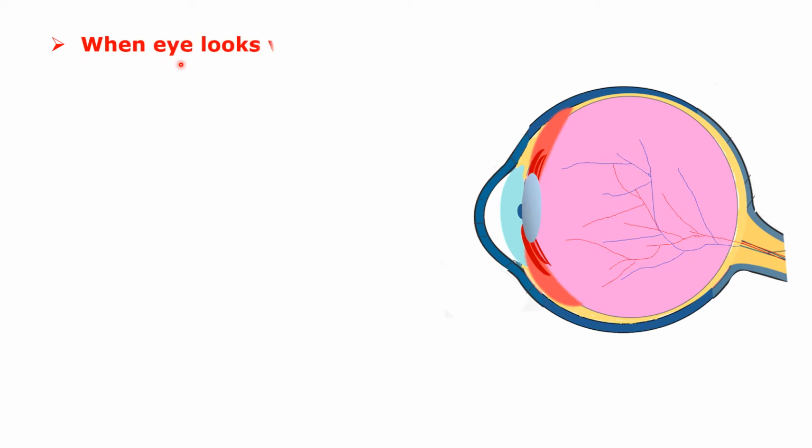When the eye looks at a very distant object, that is farther objects, at that time what will happen? The ciliary muscles get relaxed.